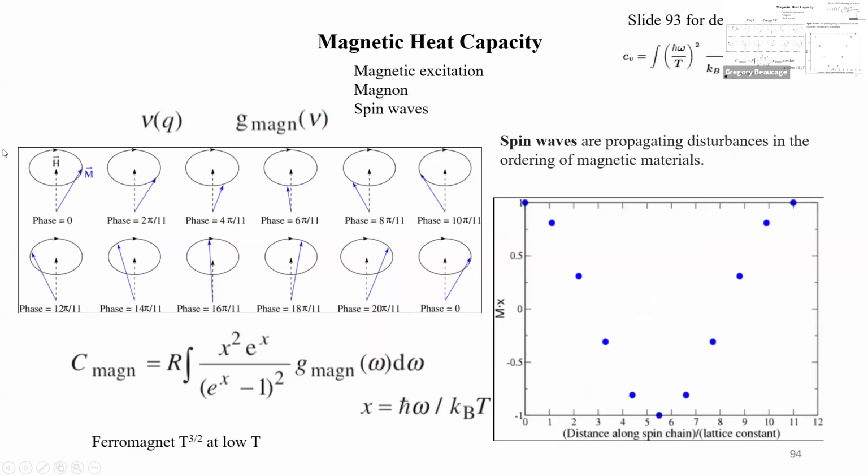So there's some kind of picture of the spin phase angles of the spins, and then you just pop in the Einstein equation. You have the Einstein, so that 1/t², and this is the Einstein function with the density of states. The density of states is going to be the G magnon, they call this.